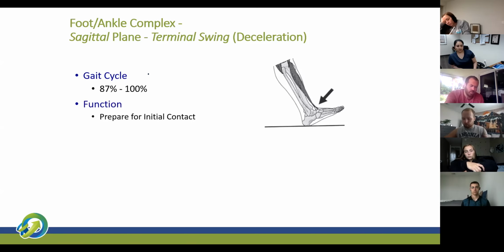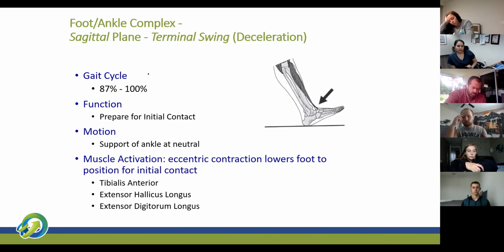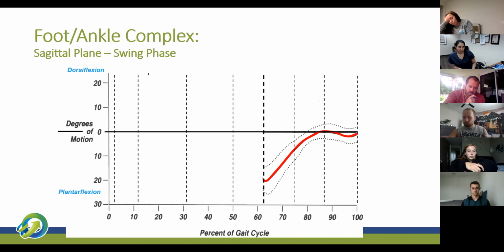And then what we're doing, I think we had said this earlier, is preparing for initial contact. So it's going to be the dorsiflexors again with the ankle at neutral. And the eccentric contraction is going to help lower the foot for initial contact. And then this is the sagittal phase of the swing phase again.